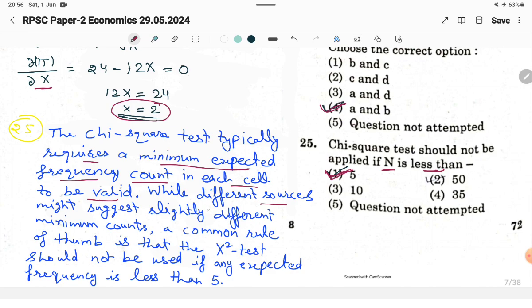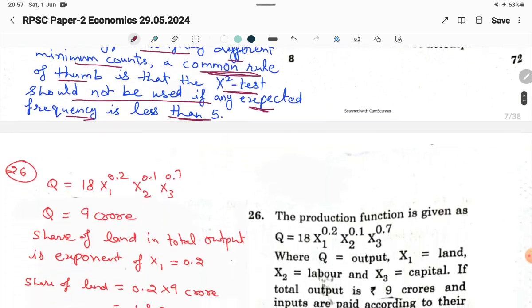While different sources might suggest slightly different minimum counts, a common rule of thumb is that the chi-square test should not be used if any expected frequency is less than 5. So answer will be 5.